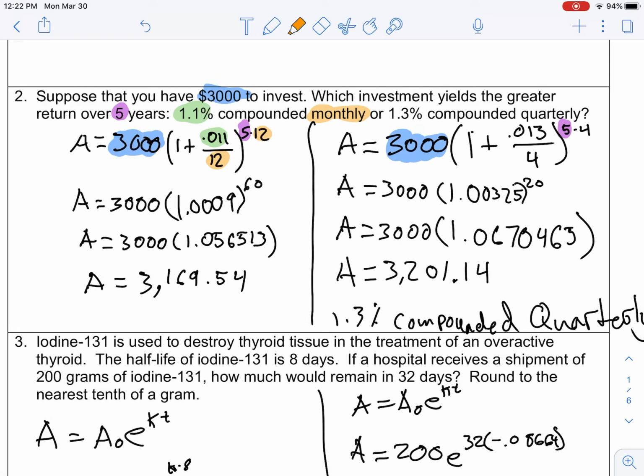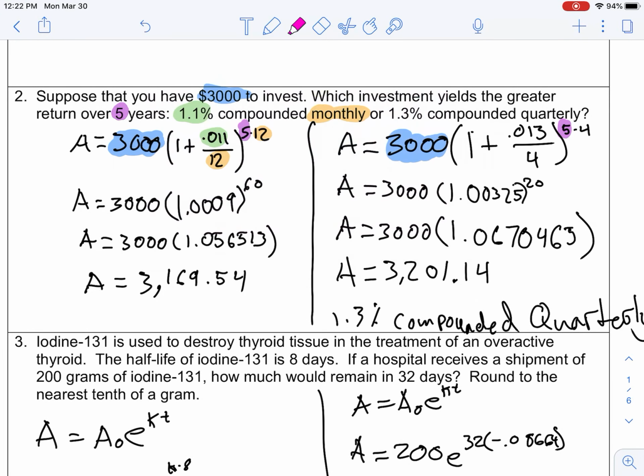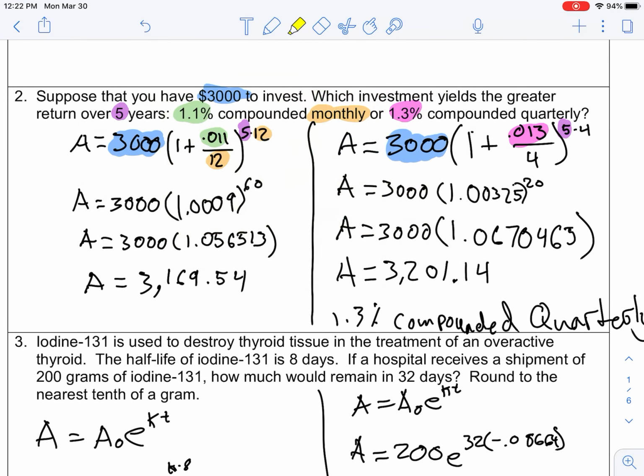And my second one, or 1.3%, so as a decimal, that's 0.013. Compounded quarterly. So when we're talking about compounded quarterly, that's 4 times a year. So I'm using 4 there. Okay?